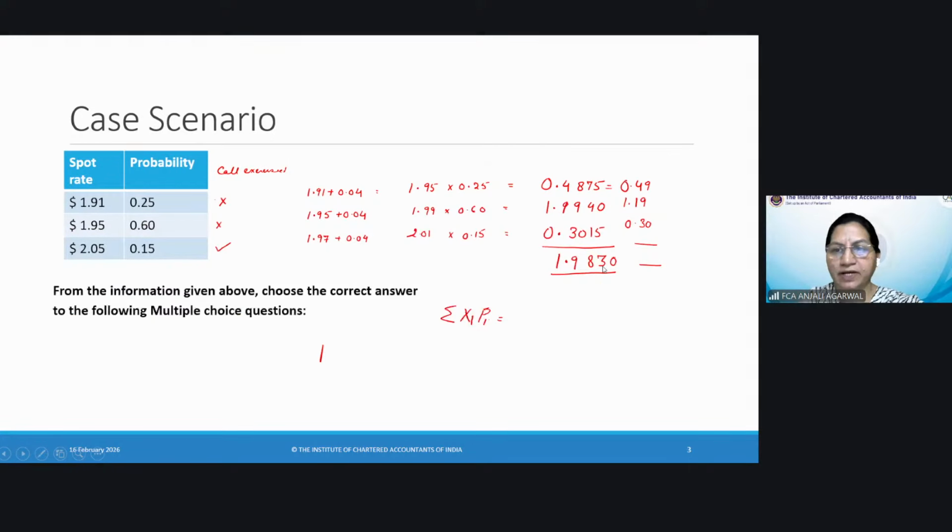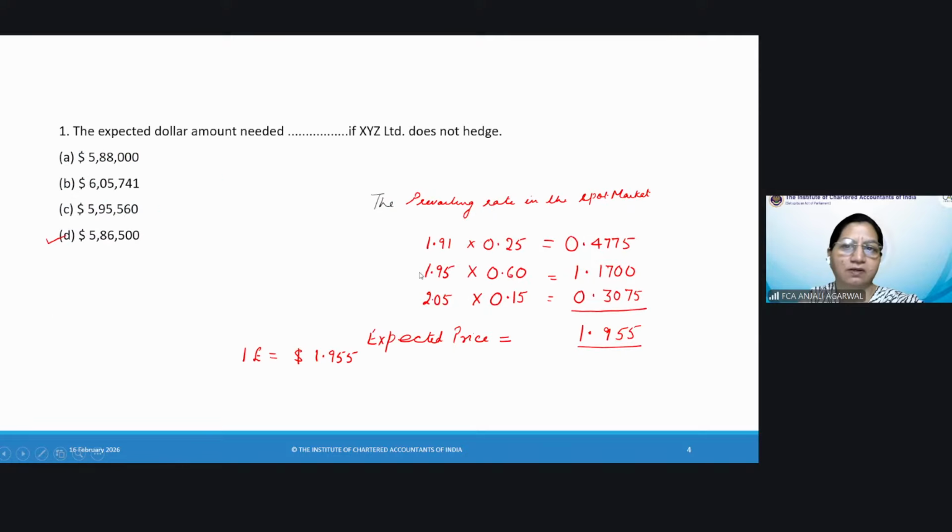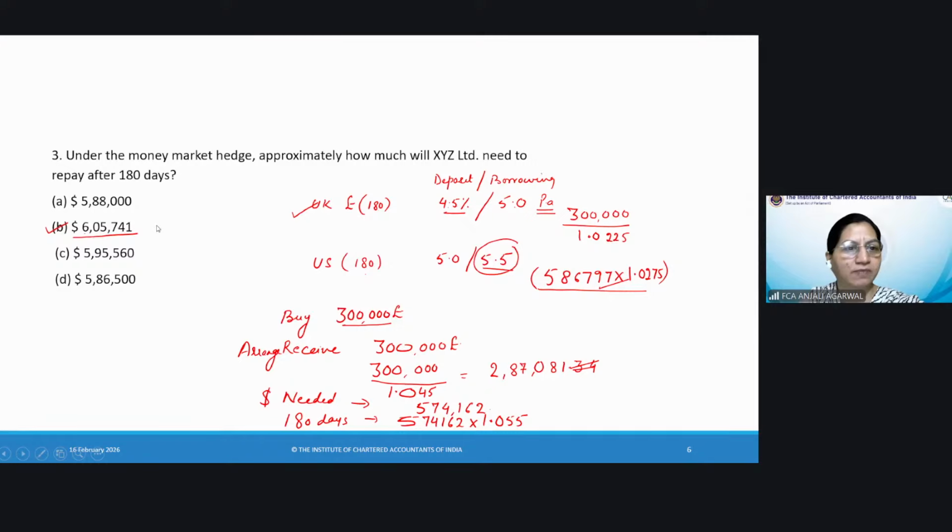Okay, so 1.9830 into 300,000 plus interest on opportunity cost. So if you go unhedged, you pay 1.955. If you use forward contracts, you pay 1.96. If you use money market hedge, then you deposit in UK and borrow from US. So you end up paying a fixed amount.